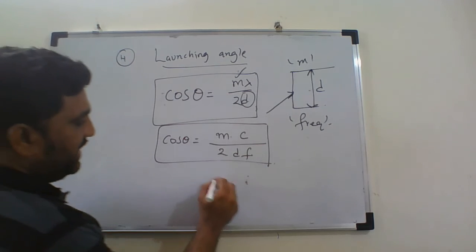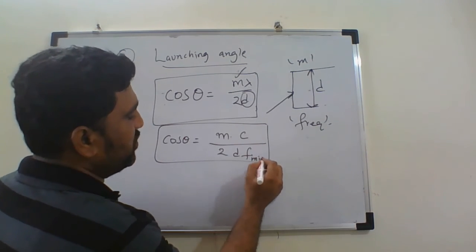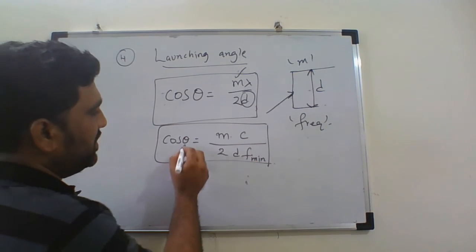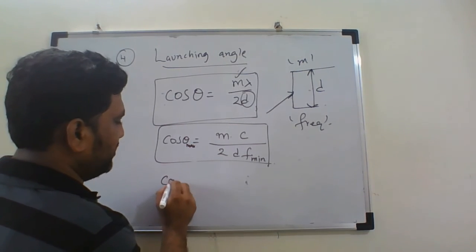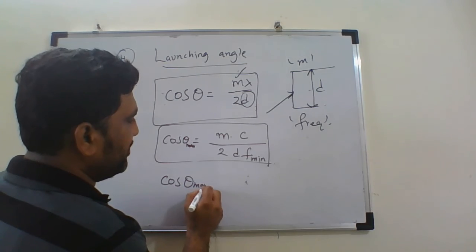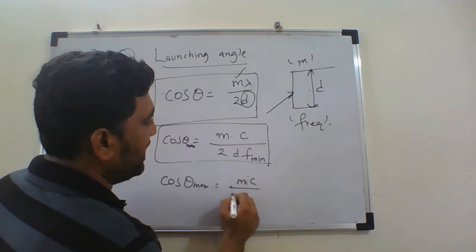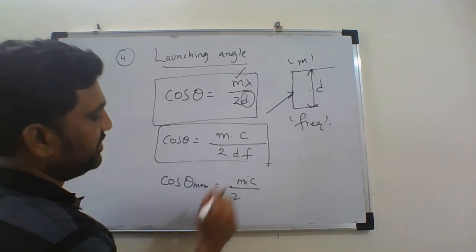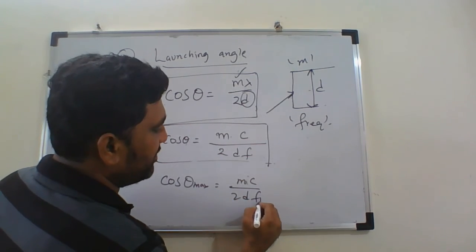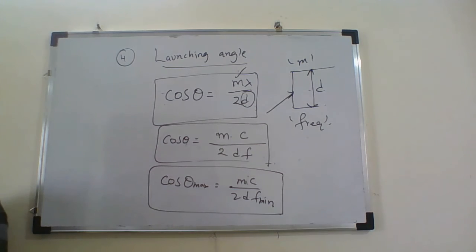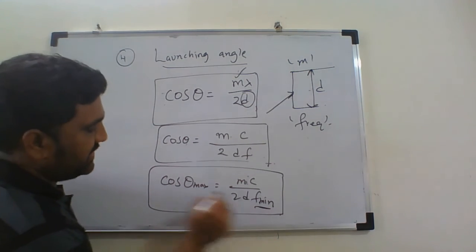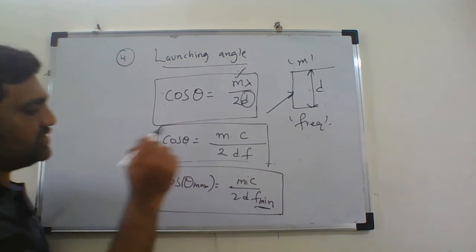And from this, if I consider this as f minimum, then because it is 1 by m, I will get theta maximum. So cos theta maximum is equal to mc by 2df minimum. If f is minimum, the minimum frequency that is getting transmitted through the waveguide, then I will have a maximum launching angle.